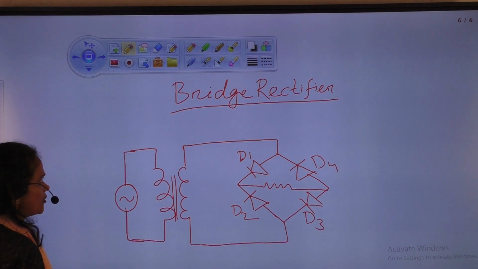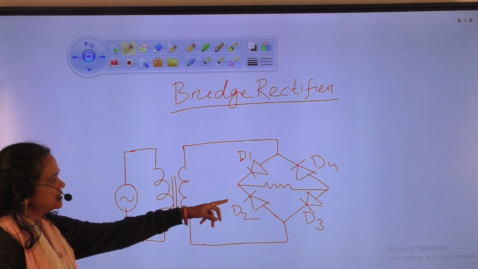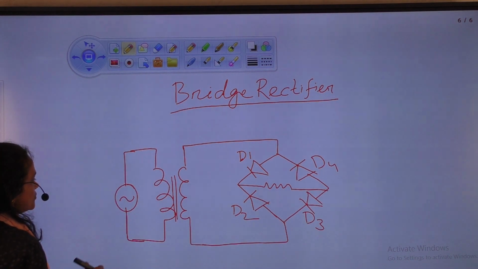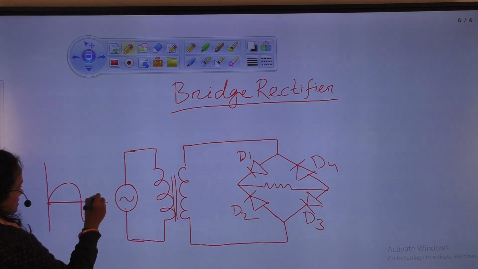The circuit diagram of bridge rectifier. Here we use 4 diodes, and here the circuit looks like a bridge formation. That's why it is known as bridge rectifier. So here also we give an AC signal as input.